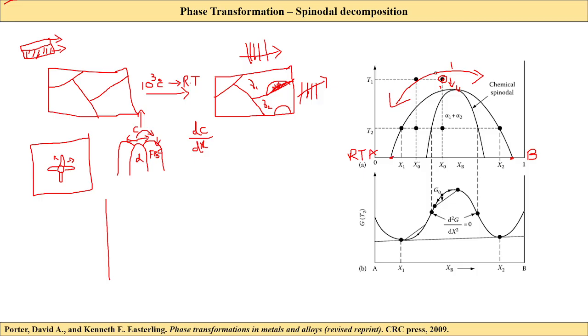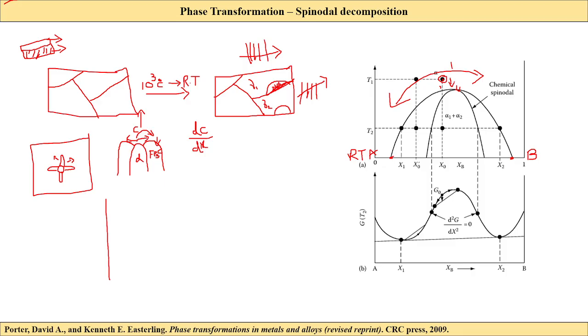So I maintain my oil bath at a certain temperature like T2, and then I quench my sample from T1 degrees centigrade to T2. Once I do that, the composition will initially be the same everywhere inside the sample, right? At the time of quenching, the composition is the same, because while quenching we retain whatever phase structure is there at T1, we retain it at T2, right?